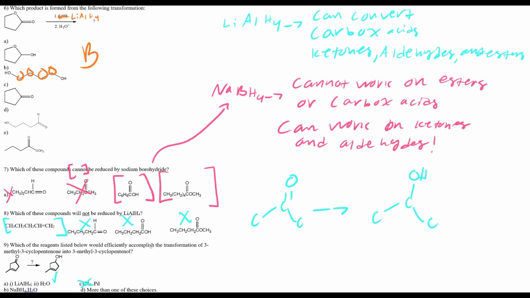Well, sodium borohydride can actually take out a ketone and replace it with an alcohol. So that would make sense too. We have two correct answer choices, but answer choice D would be correct because it says more than one of these choices. So lithium aluminum hydride and sodium borohydride can take out this carbonyl and replace it with an alcohol.